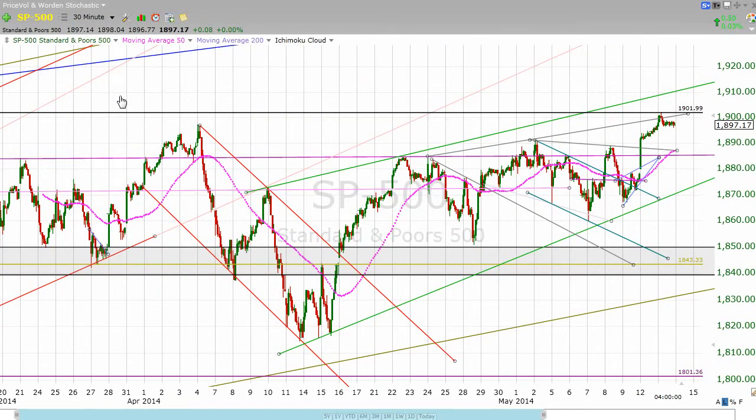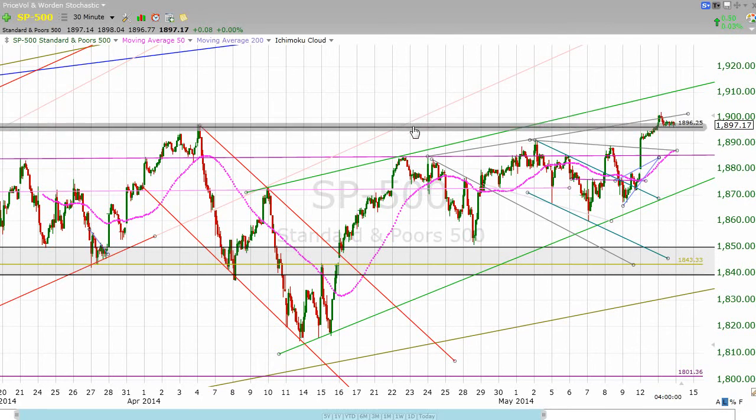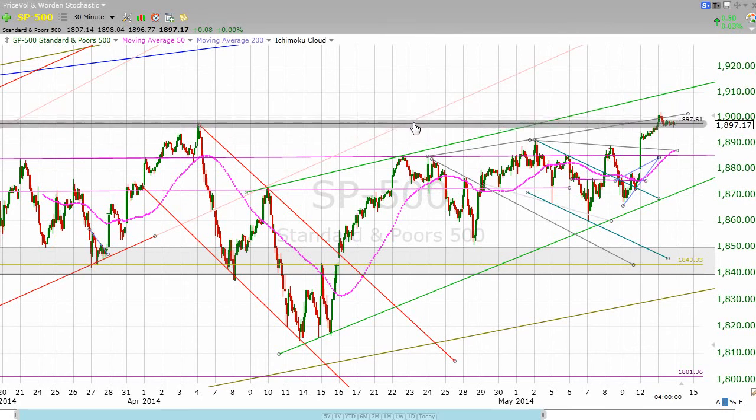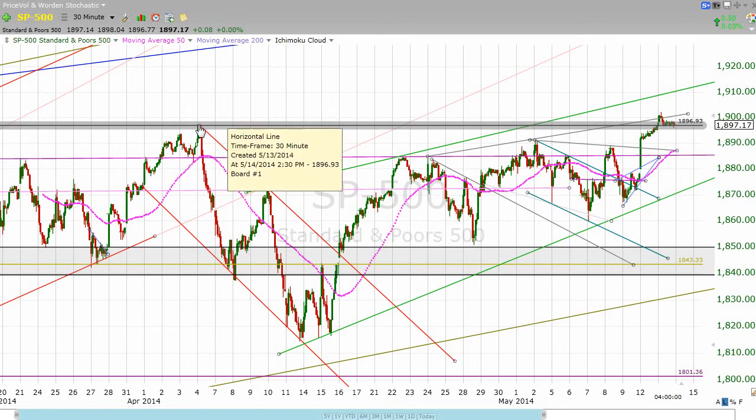So I think that is at least a fairly positive sign, but you can see we still need to get up over, see if we put this right here, you can see this is the old all-time high back in early April.